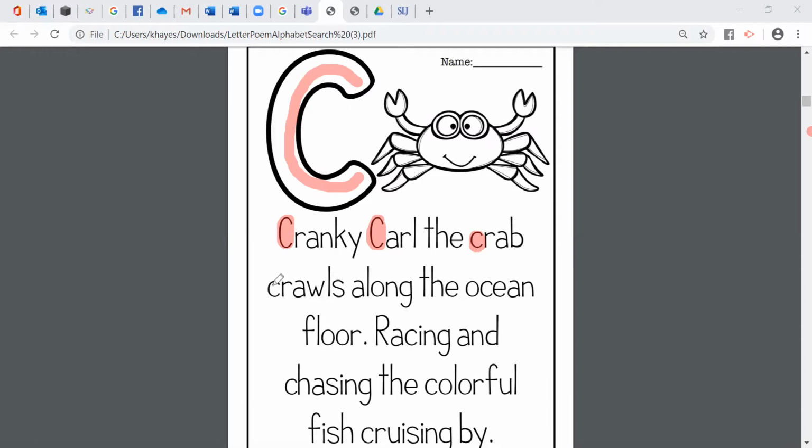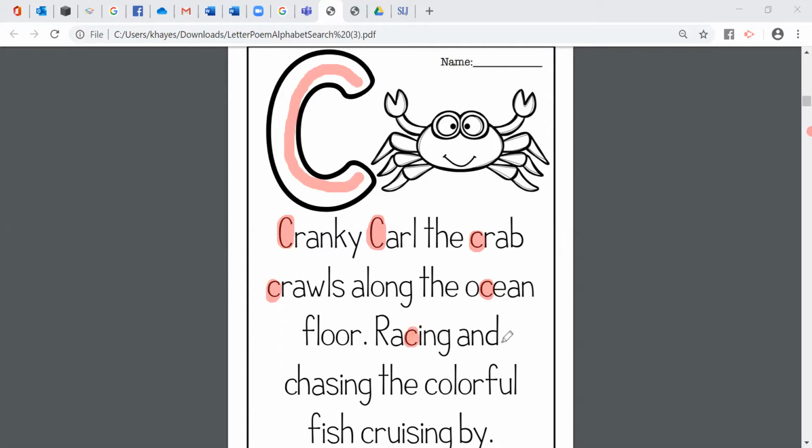Crawls also starts with a C. Along? Nope. We already know that the doesn't have any. We did that up there. But ocean, do you see a C? Good, right here next to the letter O. What about floor? No C there. Racing? Good job, right in the middle.